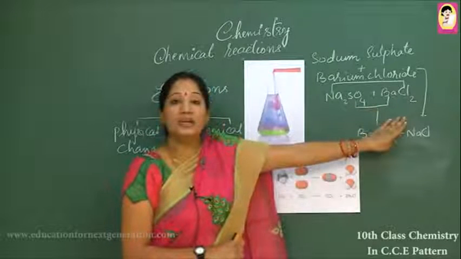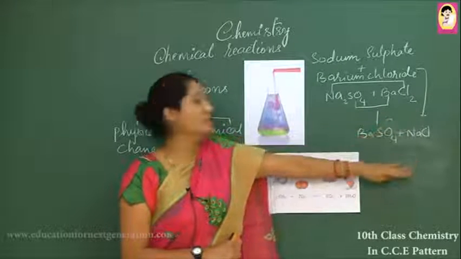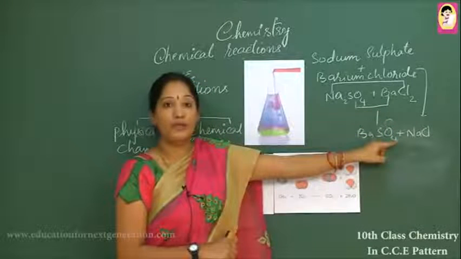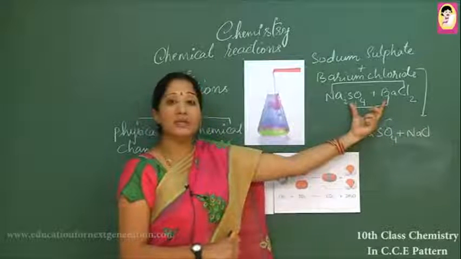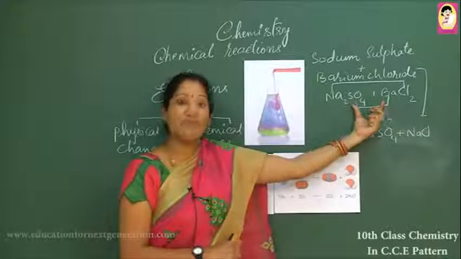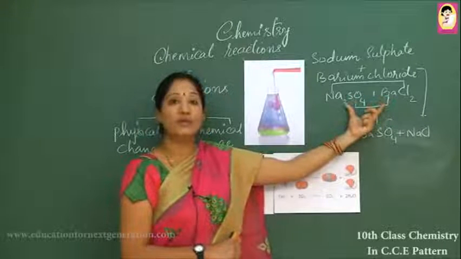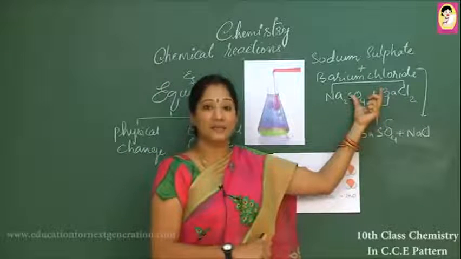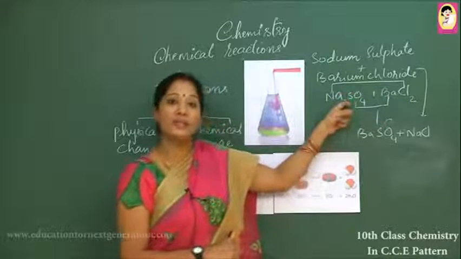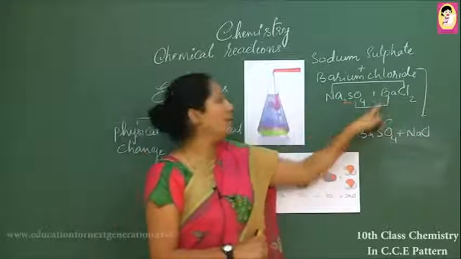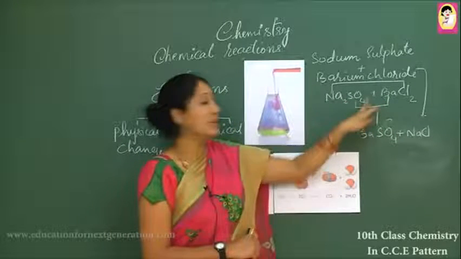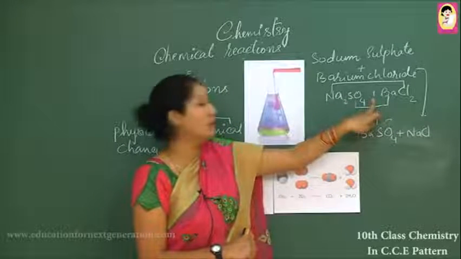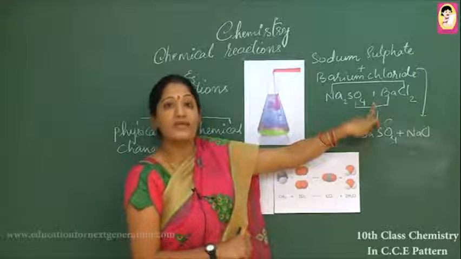The chemical reaction is represented in the form of an arrow. Those components which are starting the chemical reaction are written towards the left hand side of the reaction. They are called reactants. If more than one reactant is participating, they are written side by side, putting an addition mark or a plus sign in between.